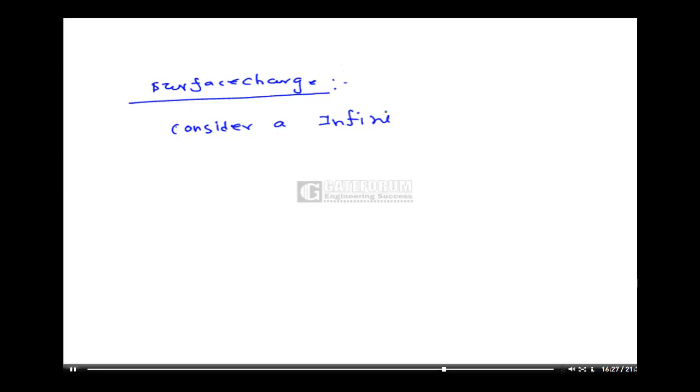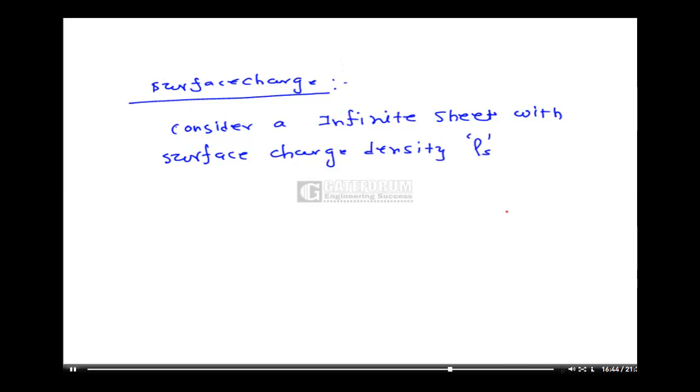Now we will see a surface charge. Here I consider an infinite sheet with surface charge density rho s.